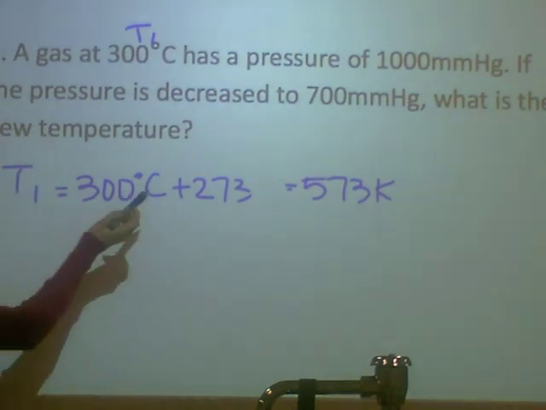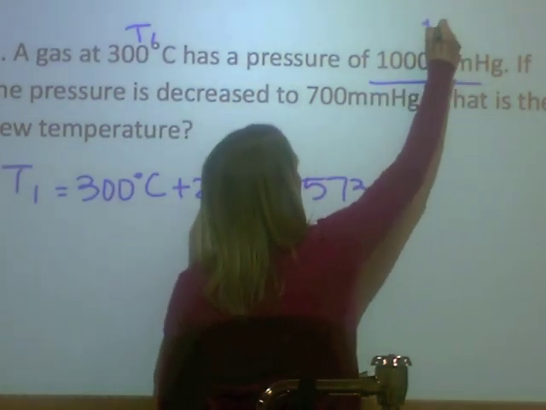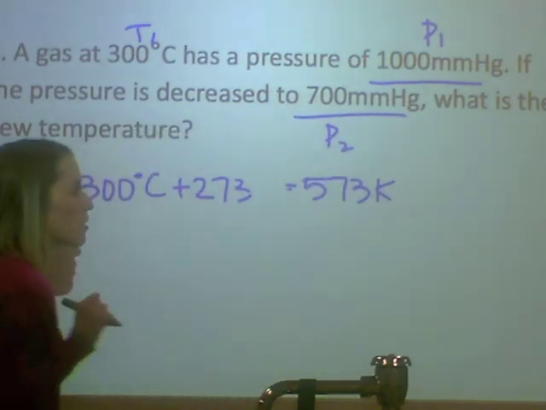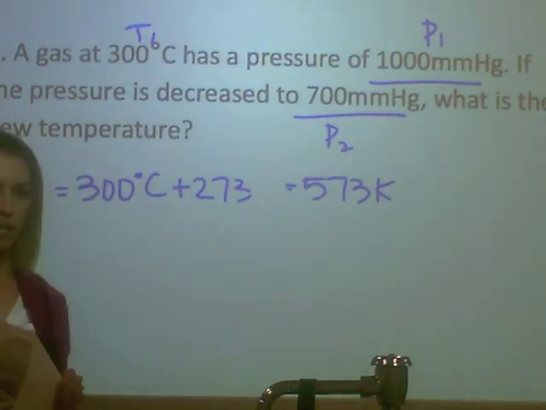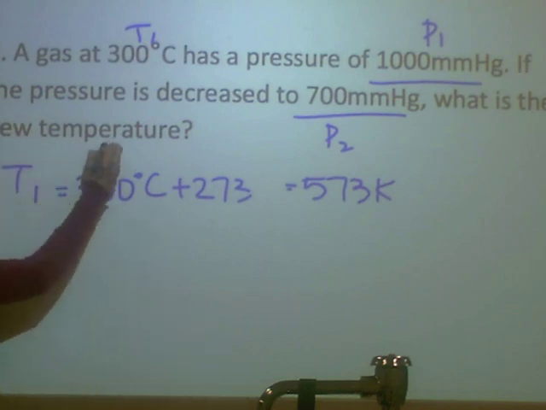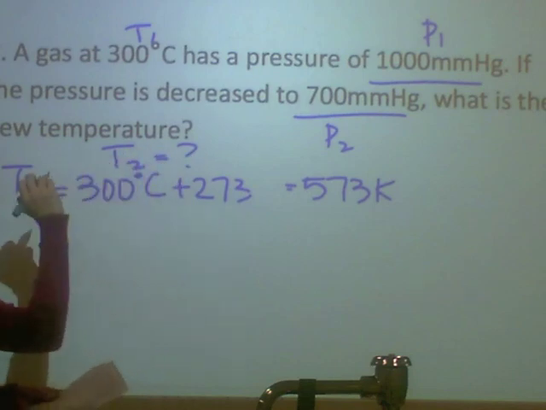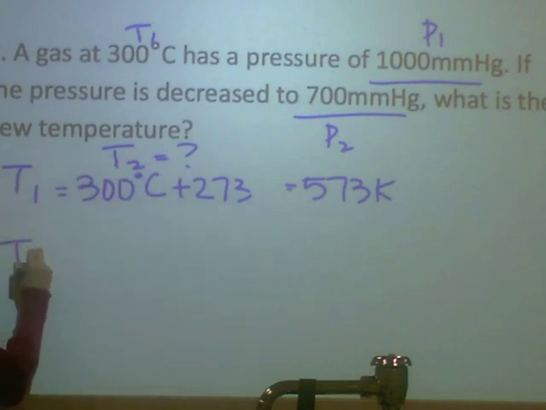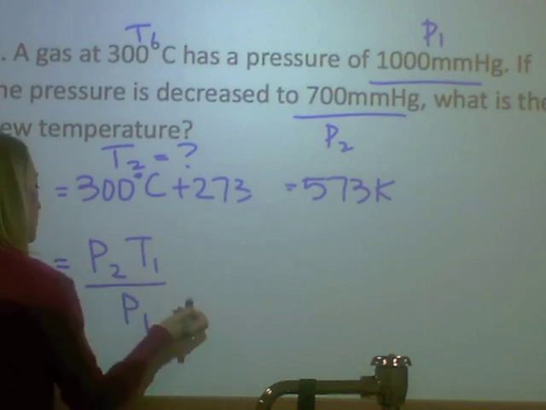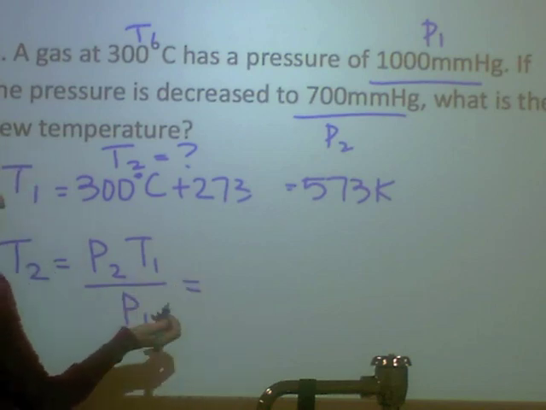My initial pressure is 1,000 millimeters of mercury. My final pressure is 700 millimeters of mercury. They're in the same unit, so I don't need to convert anything. I'm solving for T2 in this case, so I'm going to rearrange my equation. P2 times T1 over P1 is how I'm going to solve my problem.